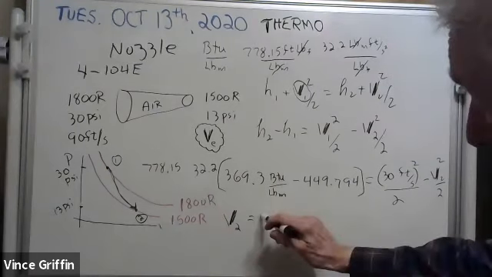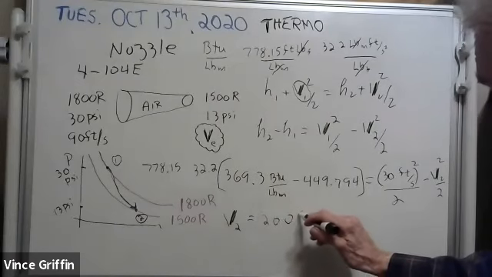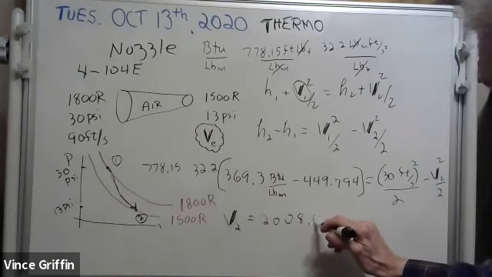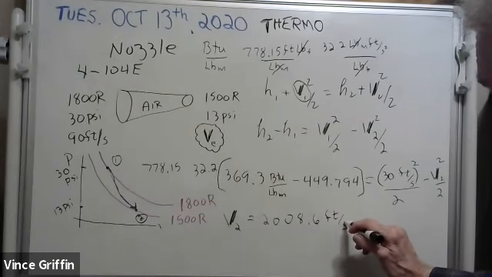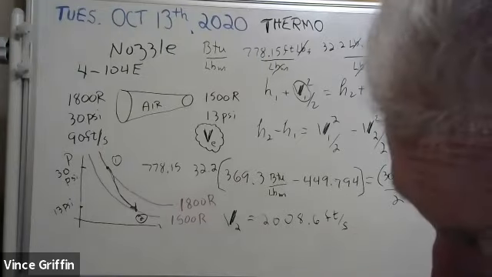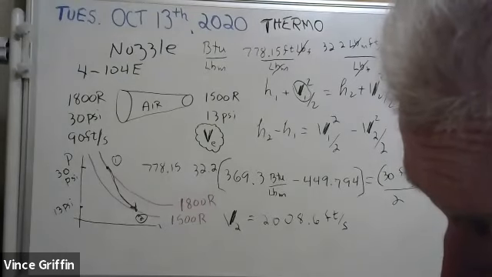Let's put it this way. If you got 2008 feet per second, say uh-huh. I did it again, and that's what I got. Yay! I need another uh-huh. Uh-huh.